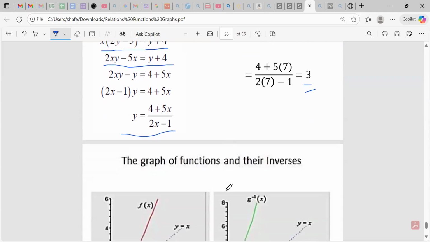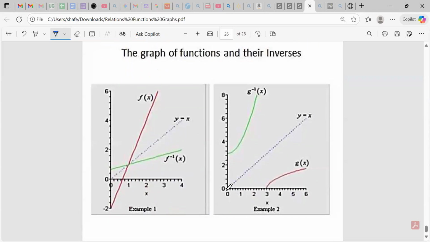And there's one little bit here. It's an interesting fact that if you take a function and its inverse, you will see that their graphs are a reflection of one another in the line y equal x. It's just a miracle of mathematics, right?